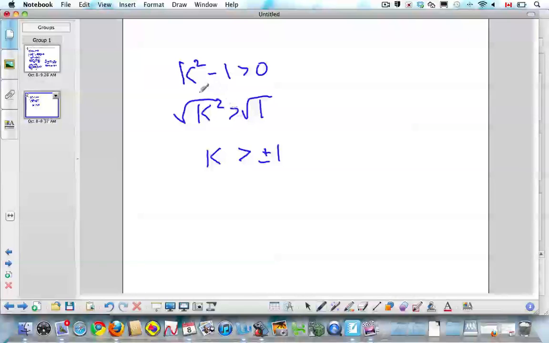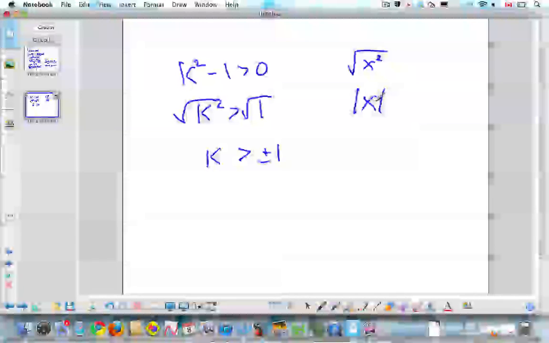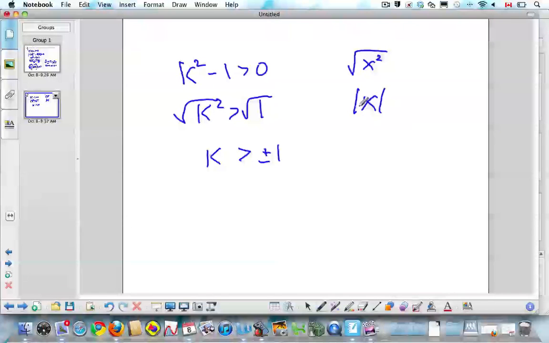Well, there's a rule that's seldom used in mathematics, but the true fact is that if I have x, the square root of x all squared, it's not actually x. It's actually the absolute value of x. But when it's an equal sign, we never need to worry about that, so we always just ignore it.